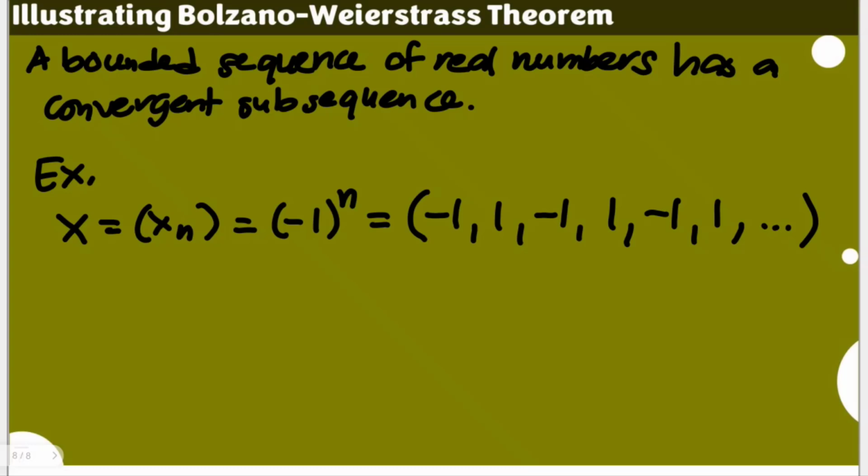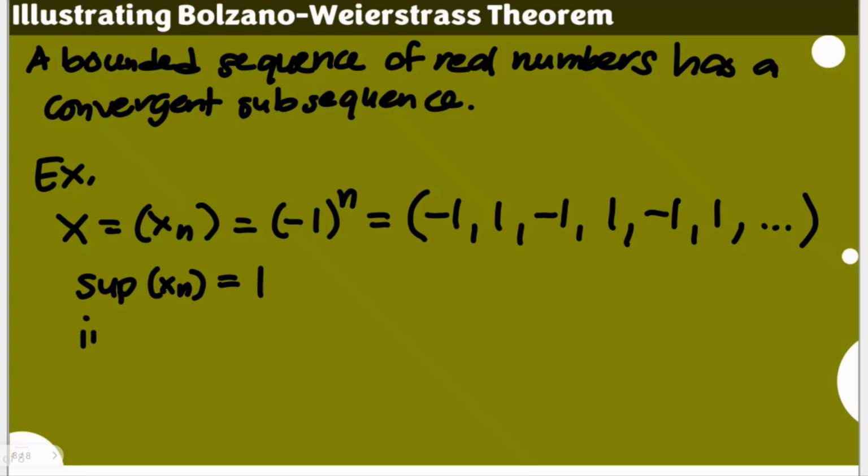Now, looking into this, we can say that it is bounded, because we can identify the supremum of this sequence, the least upper bound. Since it's an alternating sequence, its least upper bound is +1.